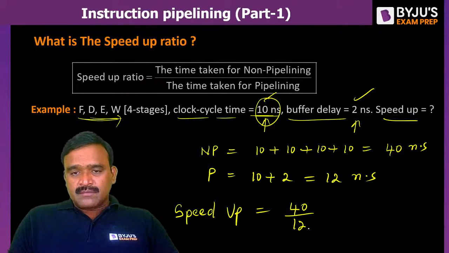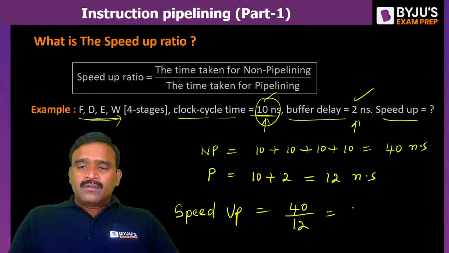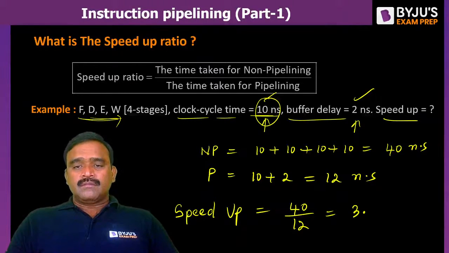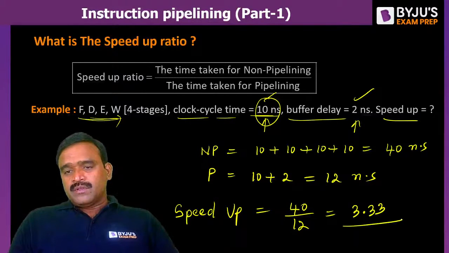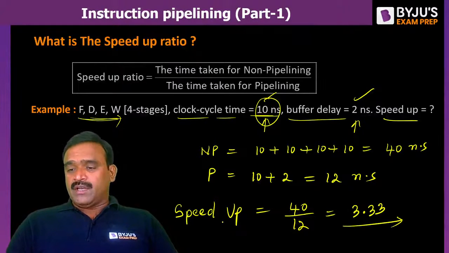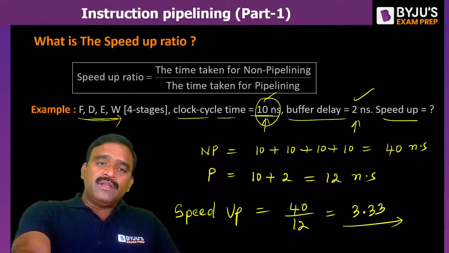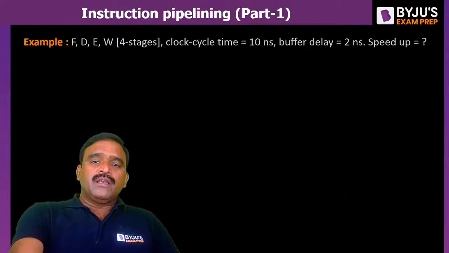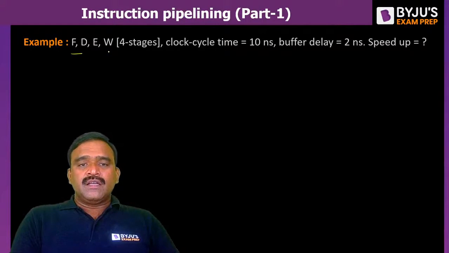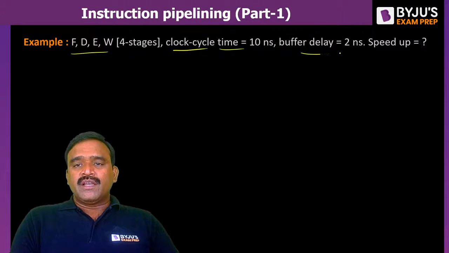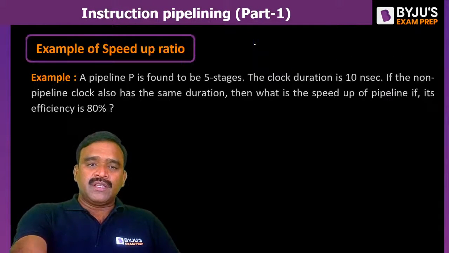How much is it? 12 threes are 36, then again 40, so 3.33 is the speed up. So the speed up is reduced because of the buffer delay. That is how we find the speed up.